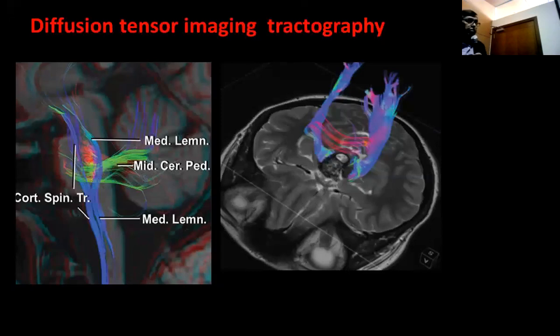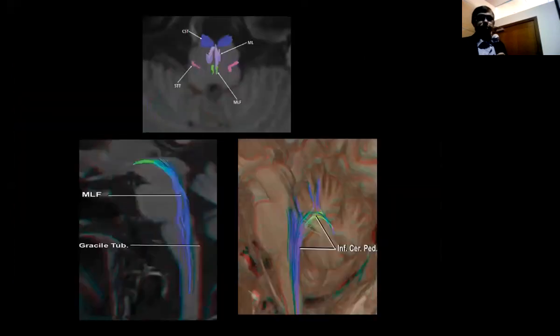That would help you decide what kind of approach to take, and what is the relation of these important tracts in the management. If you affect the corticospinal tract, it's hemiplegia. If you affect the medial lemniscus or the spinothalamic tract, then it is hemianesthesia and so on.